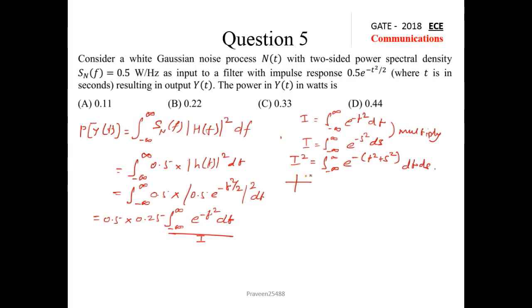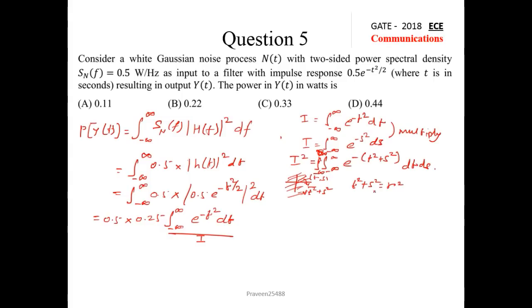So here you will see that this point is (t, s), and this is the diagonal, square root of t square plus s square. Here another integration would be there. Now you will see that this will cover the entire area if we integrate from minus infinity to infinity. Now we will put t square plus s square as r square.